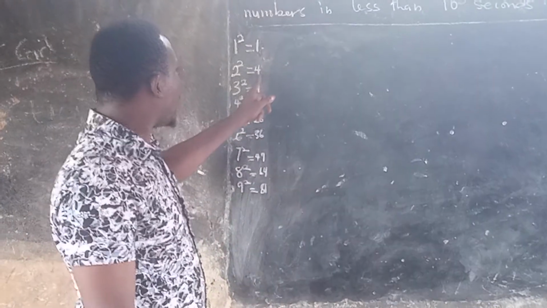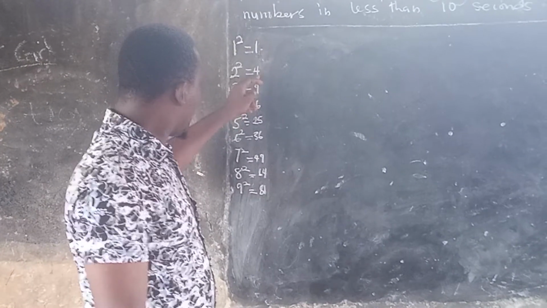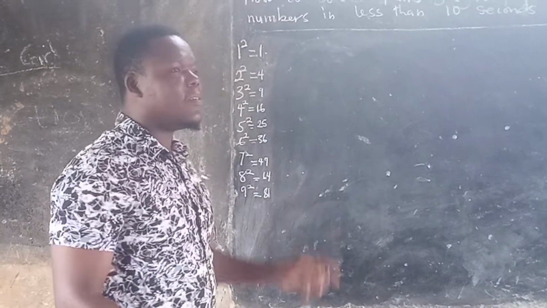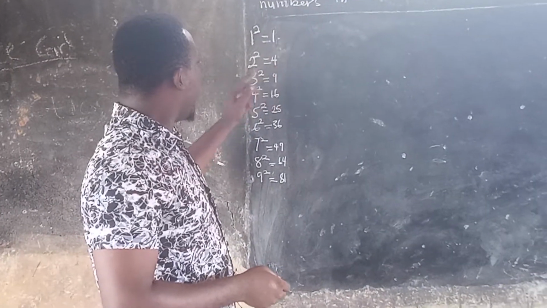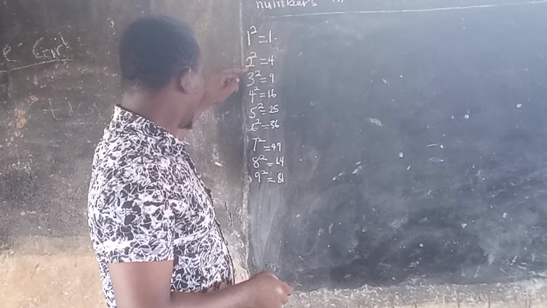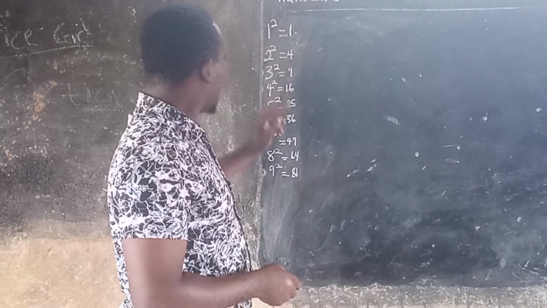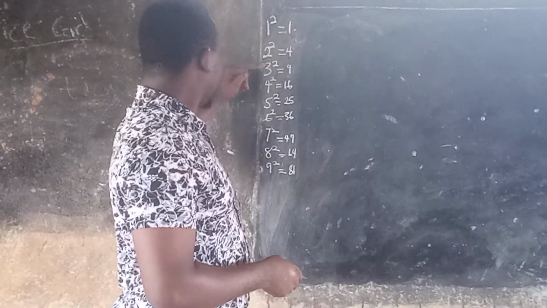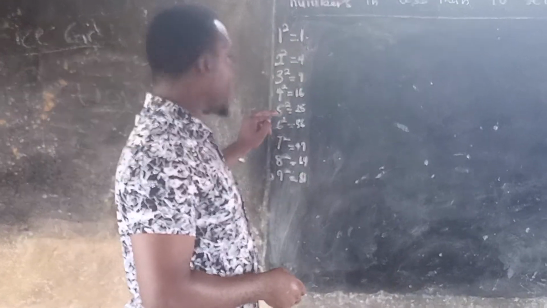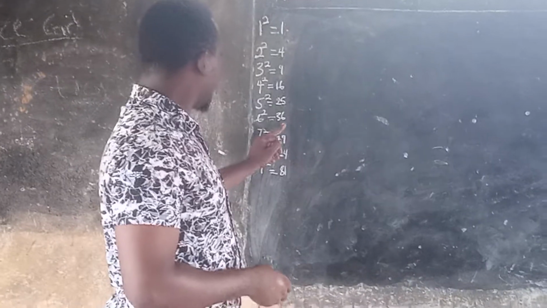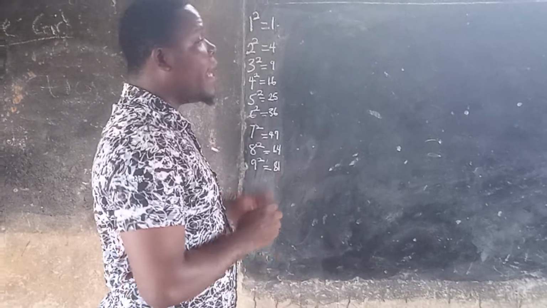The ones which end in 4, we have 2 and 8. The ones which end in 9, we have 3 and 7. The one that ends with 5, we have only 5. And the ones which end with 6, we have 4 and 6.